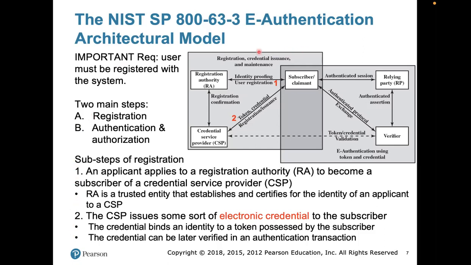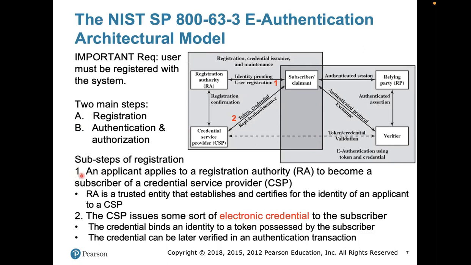And here is the part of the model that depicts the registration step. The basic goal or objective of the registration is to have some applicant successfully and trustfully registered and have them as a subscriber.